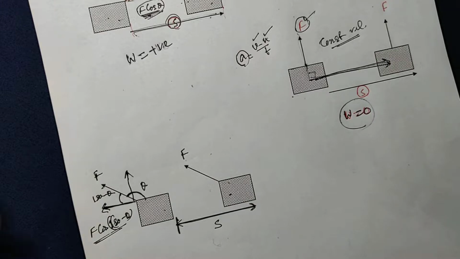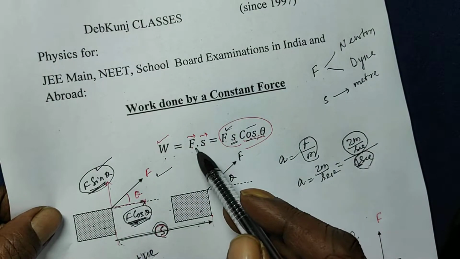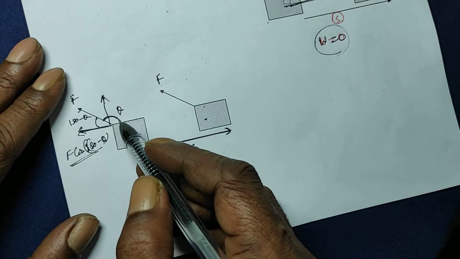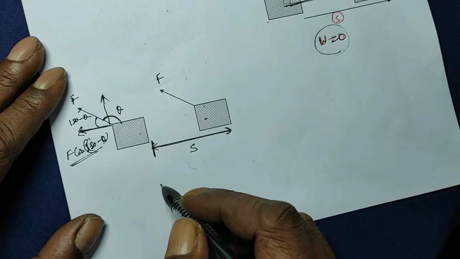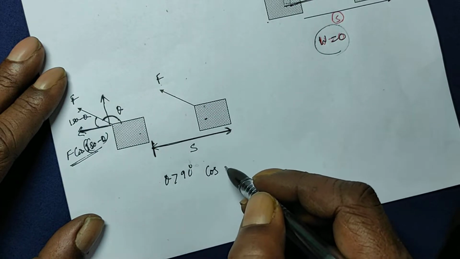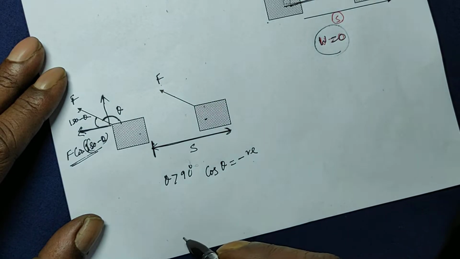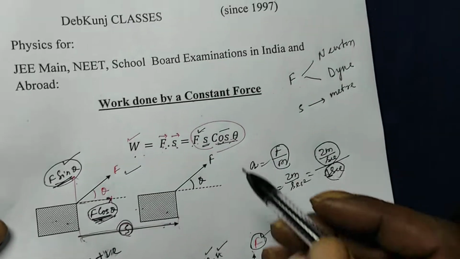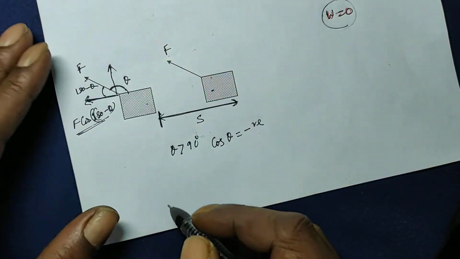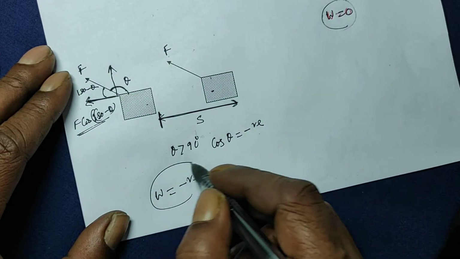And if you use the expression W is equal to F dot S, that is Fs cos theta. So theta is greater than 90 degrees. Therefore, cos of an angle greater than 90 is negative. So this value becomes negative. So the work done is negative. So your W in this situation is negative.